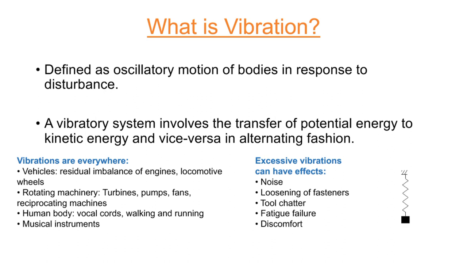Potential energy is converted into kinetic energy, due to which the body continues to move in the opposite direction. This whole of the kinetic energy is again converted into potential energy, due to which the body again returns to equilibrium position. In this way, the vibratory motion is repeated independently.